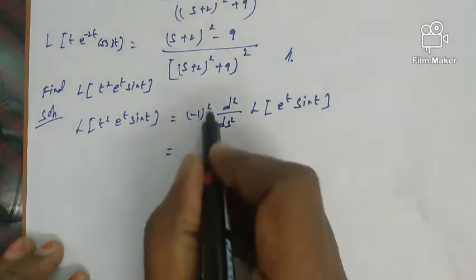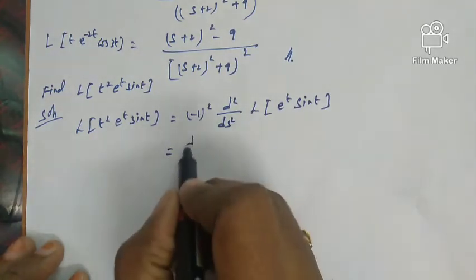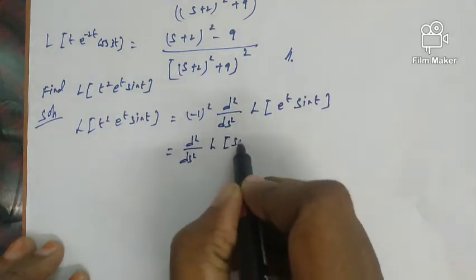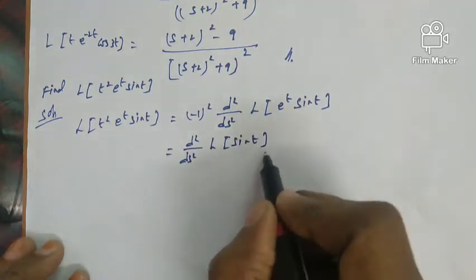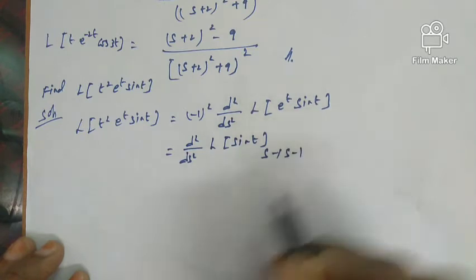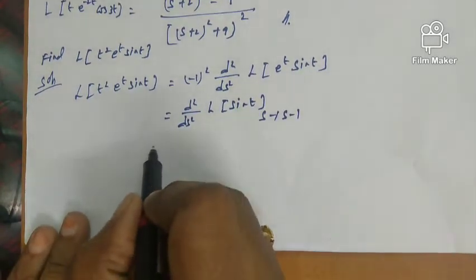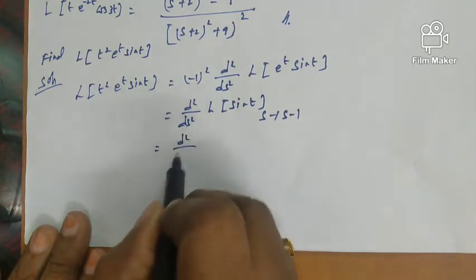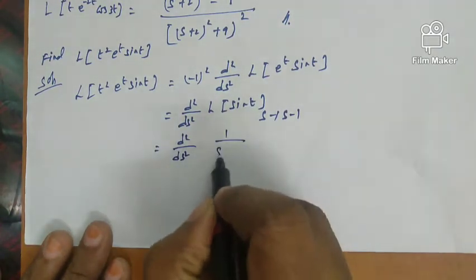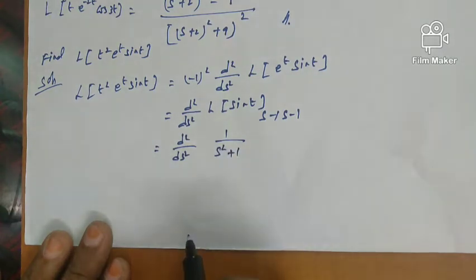So minus 1 the whole square means plus 1. So we can write only d square by ds square L of sin t, applying the first shifting property, this can be written as s goes to s minus 1. Sin t, so sin means a by s square plus a square, so a means here it is 1, so 1 by s square plus 1 square, that is 1.